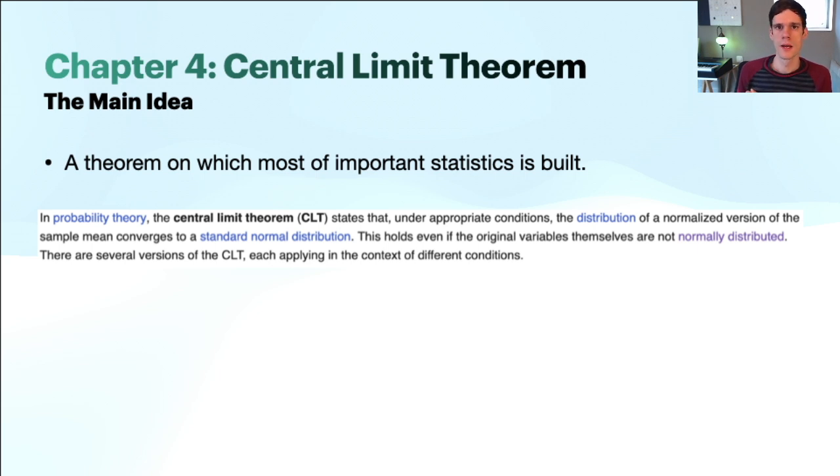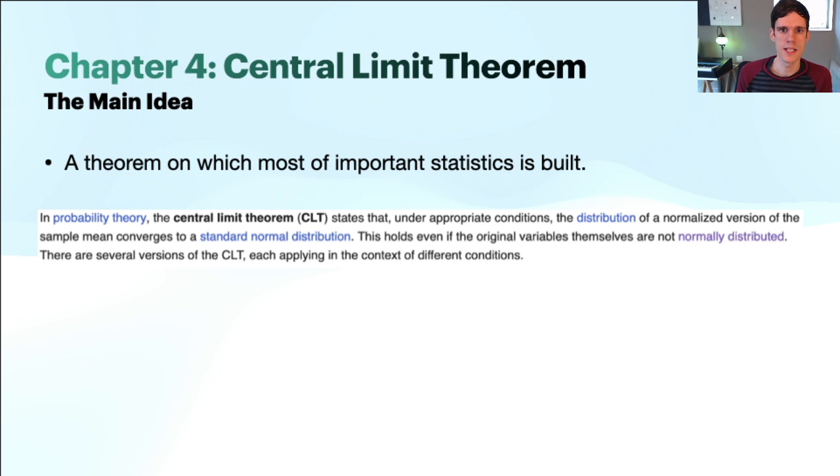And let me start by reading you the definition that can be found on Wikipedia. Now, this definition will probably sound quite vague, but it will be worthwhile at the end of the chapter to come back, read it again, and then you will see that it will make much more sense. So here's what it reads. In probability theory, the Central Limit Theorem states that, under appropriate conditions, the distribution of a normalized version of the sample mean converges to a standard normal distribution.